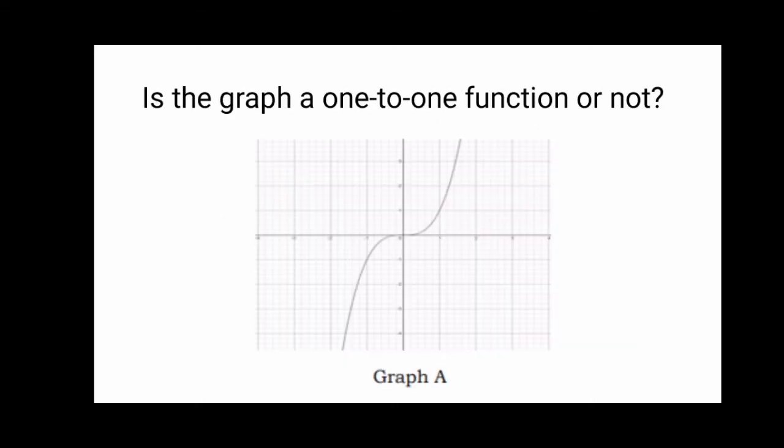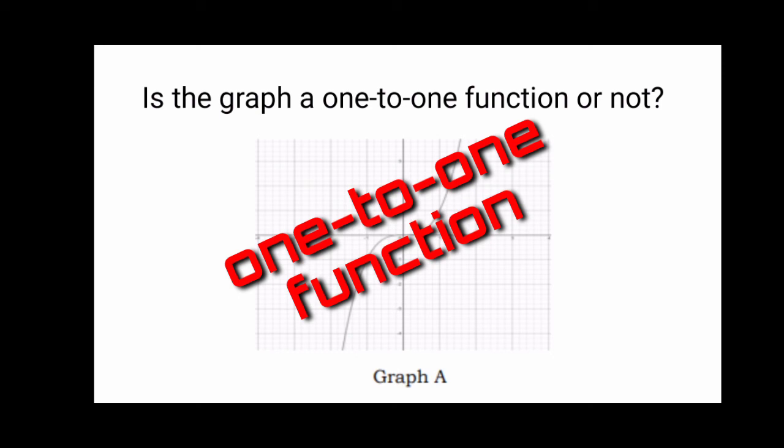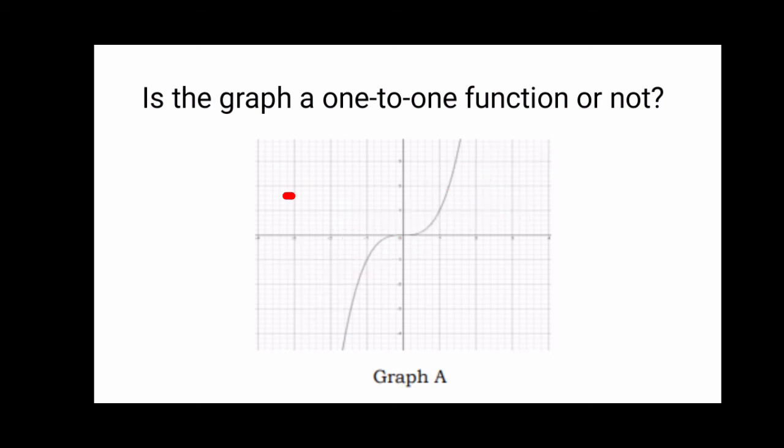Let's try the following graph. First, is the graph a one-to-one function or not? Correct. The given function below is a one-to-one function. Why? Because if we put a horizontal line anywhere in the graph, it will only touch the graph once.